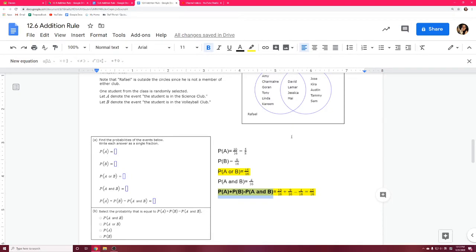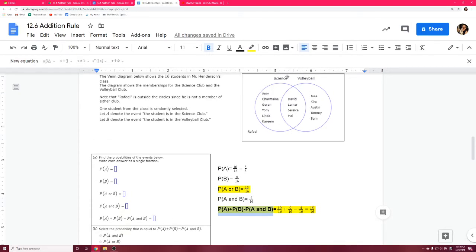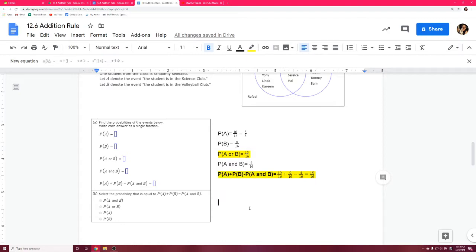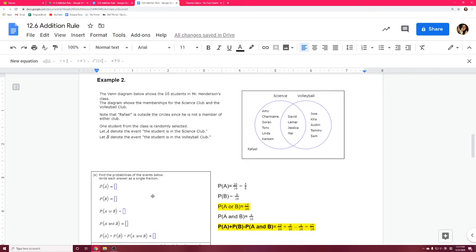For example, science and volleyball can happen at the same time because of those four people, so they are not mutually exclusive. If you want to calculate A or B, you can use this formula. Okay, all right, let's keep going. So this is the Venn diagram question.